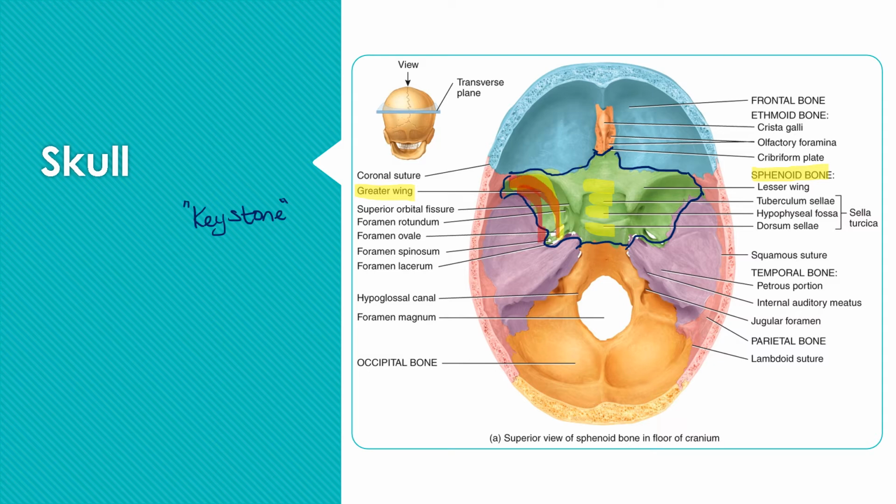These are going to be your greater wings here. And then your lesser wings are going to be these wings up here. So kind of looking like a butterfly is what the sphenoid bone looks like.